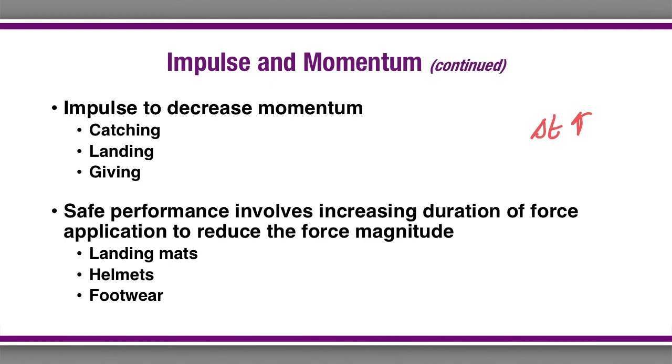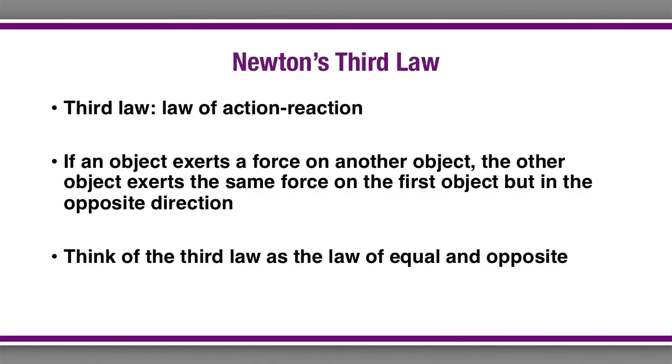If you increase delta t, then the mean F, or the mean impact force, must be reduced. All right. So, again, whether you want to increase or decrease momentum, this impulse momentum relationship is a key factor in the techniques that we use, especially in sport performance and human movement overall.